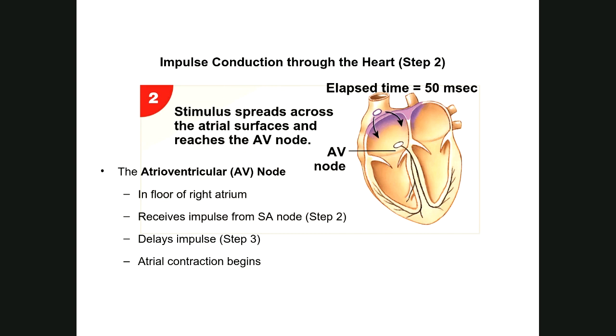Once both atria are contracting, the impulse reaches the atrioventricular node, which exists in the floor of the right atrium. In other words, it lies between the right atrium and the right ventricle. There is a delay of the impulse because it has to travel from the SA node to the AV node and wait for the left atrium.